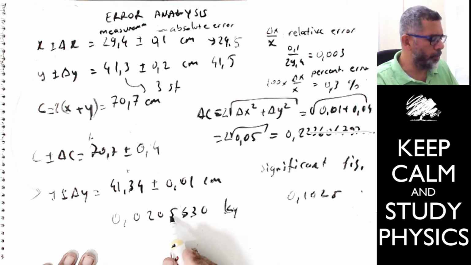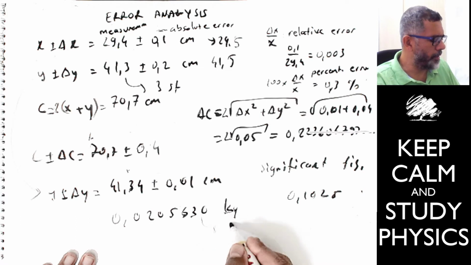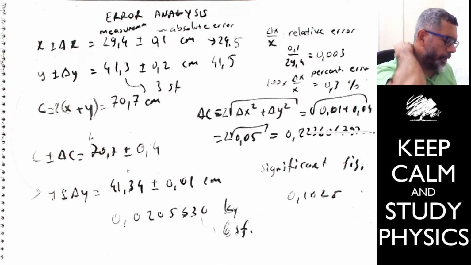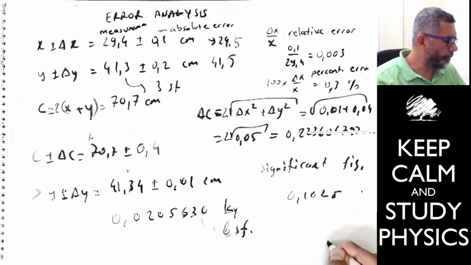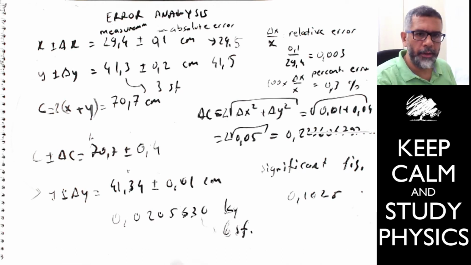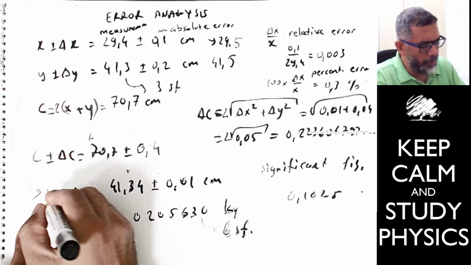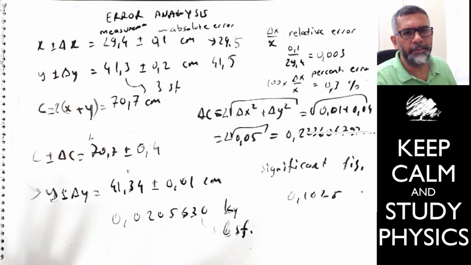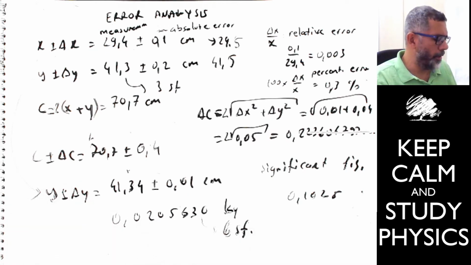So 1, 2, 3, 4, 5, 6. This has 6 sig fig. Okay. So this is the second rule about finding the number of significant figures. If your measured value starts with a 0 digit and continues with zeros until a non-zero digit, all these zeros will not be counted as significant.